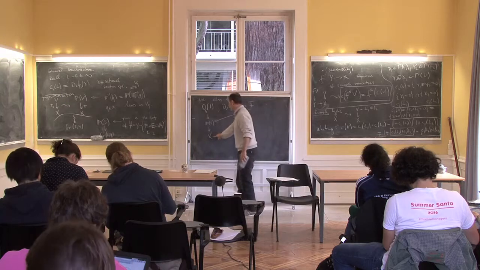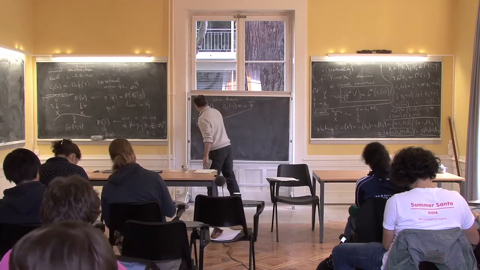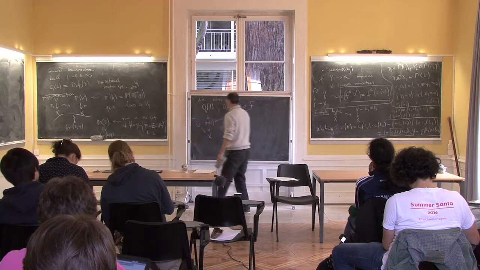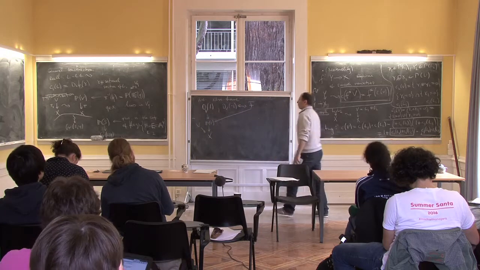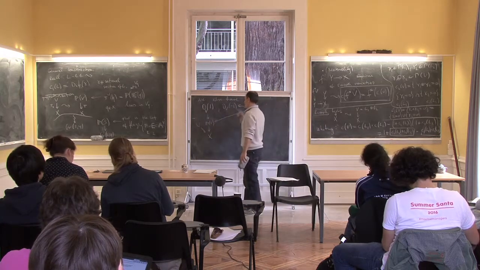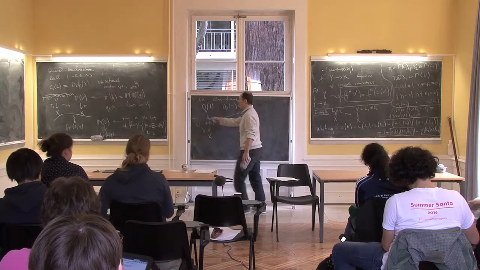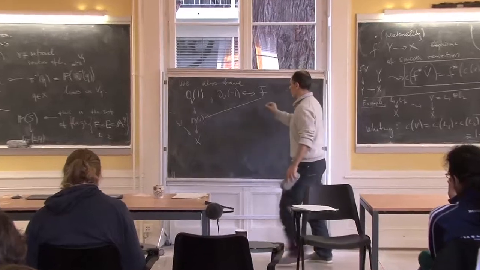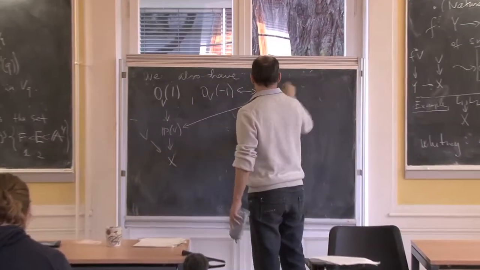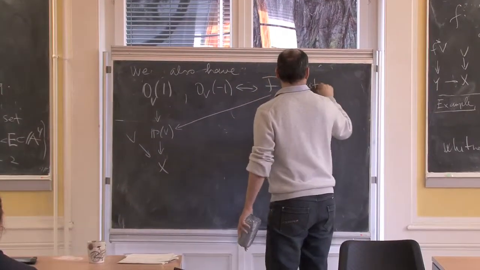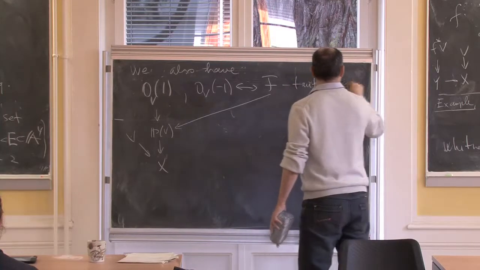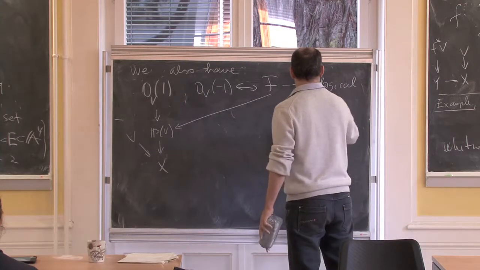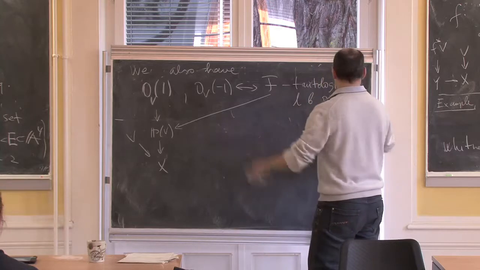So what is the fiber? So I have X, I have V, right? And I have the projectivization of V. The projectivization is the set of lines over each fiber, and F is the tautological line bundle over PV.